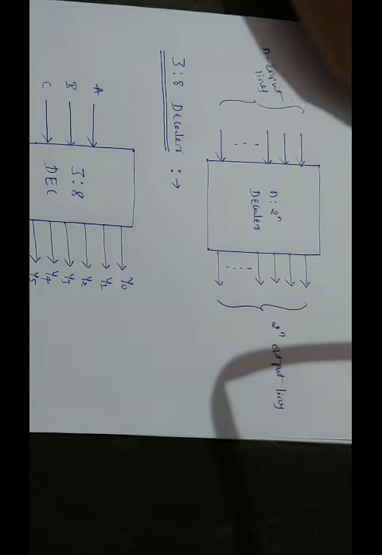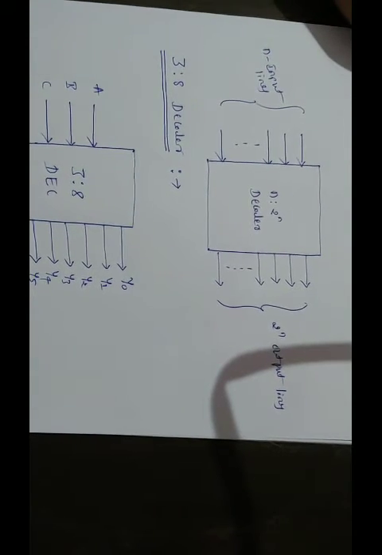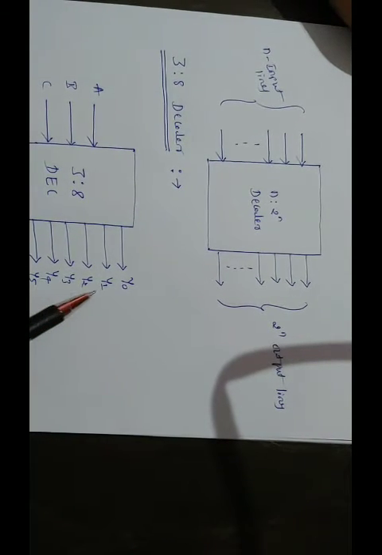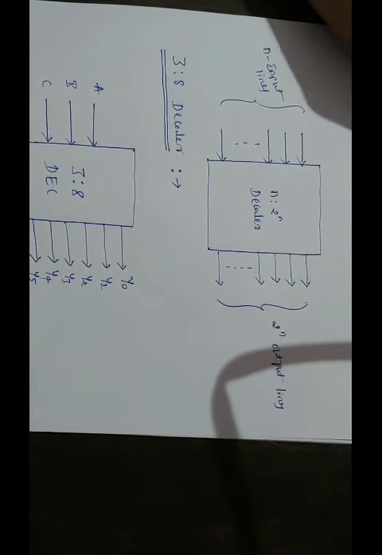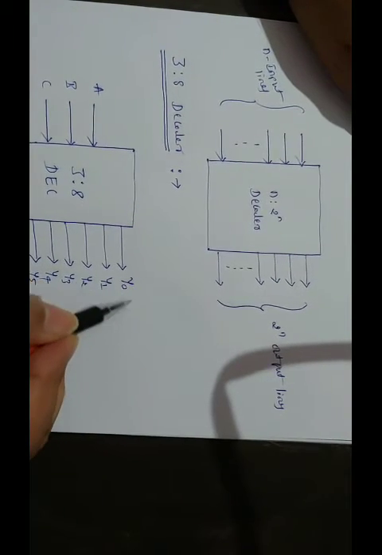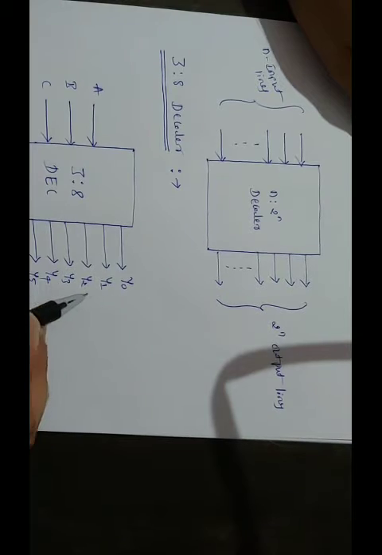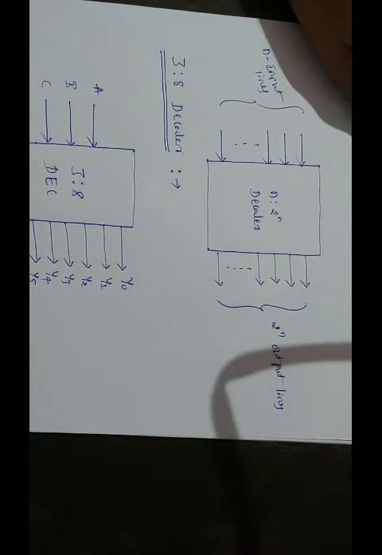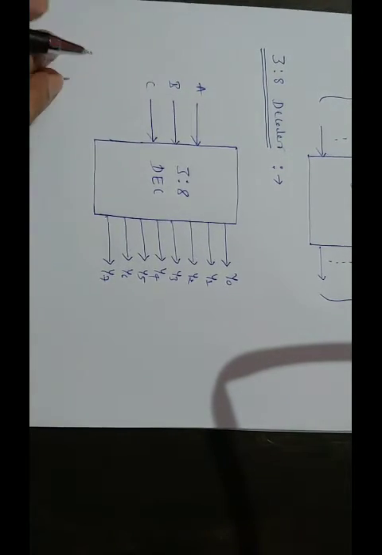Look at here. We have already said in the definition that it will convert a set of input variables representing a code into a set of output variables which represents another code. Suppose my input is 0 0 0, then output y0 will become logic 1. The remaining lines, from y1 to y7, will all become 0.